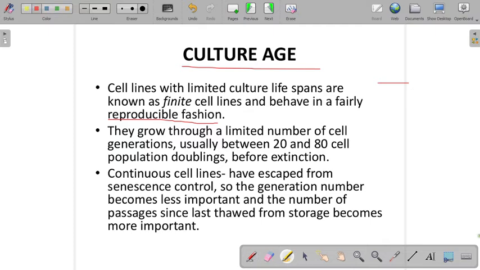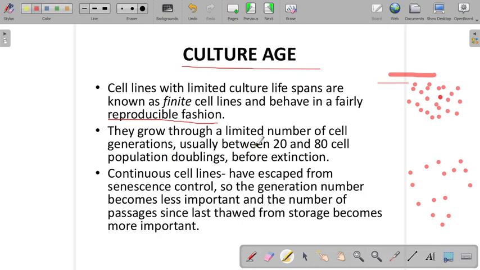Suppose there is a cell line and it forms two cells, then four, then eight cells, right? So after that, what happens? Up to a certain level only they can divide, and then ultimately, as you all know, programmed cell death, apoptosis, initiates the self-killing or self-suicidal mechanism, and ultimately the cell will die, and that's what we call finite cell lines.